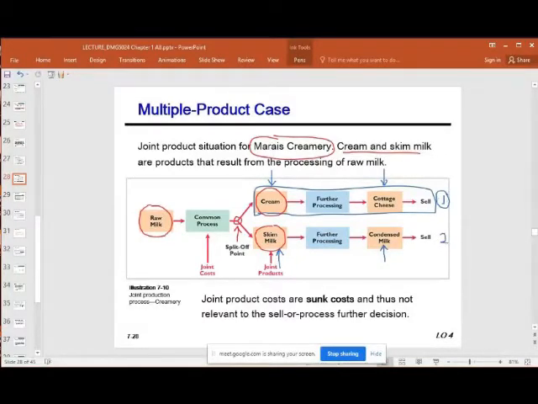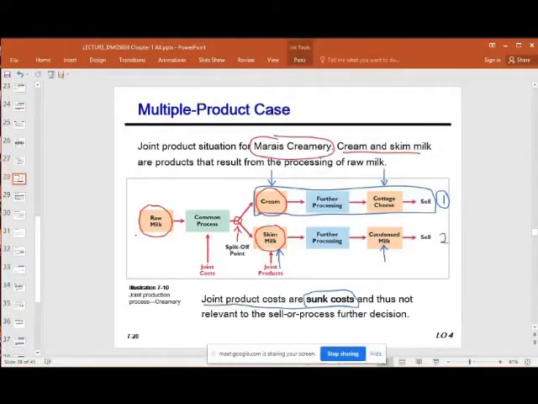So let's do the first one. This is very important, you can highlight this: joint costs are sunk costs. Do you see the blue box that I drew? This is your decision.